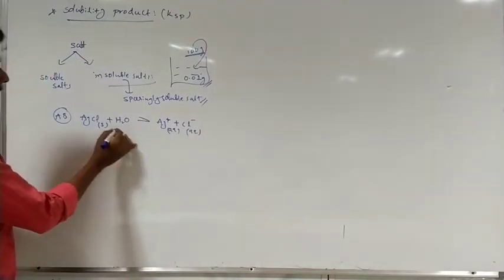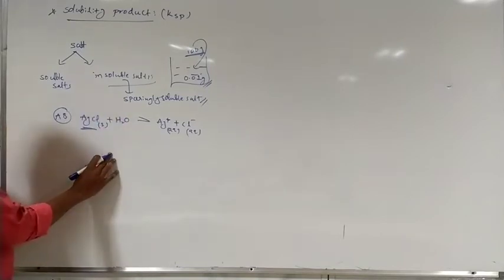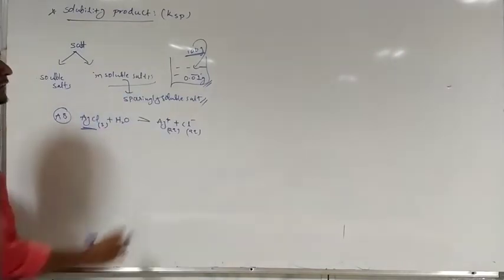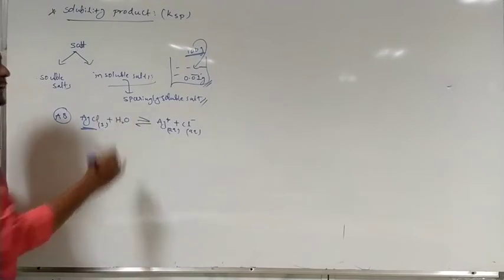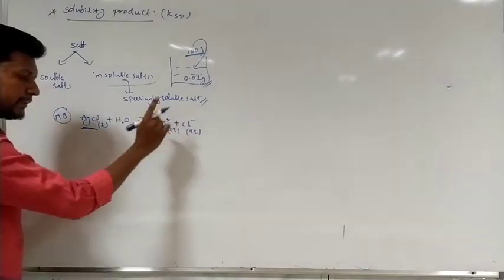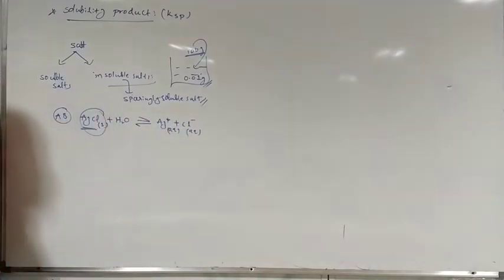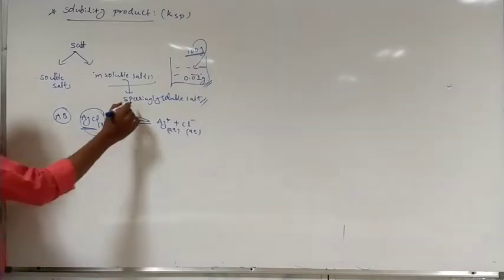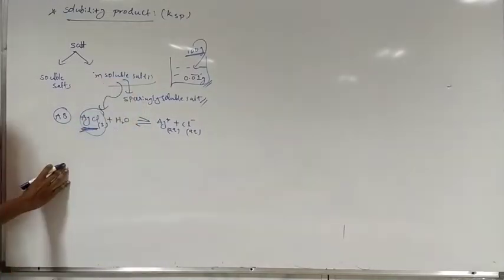These types of salts undergo dissolution, forming the cation and anion, and then the backward reaction takes place: Ag+ and Cl- combine to form solid AgCl. This is in the case of insoluble salts.